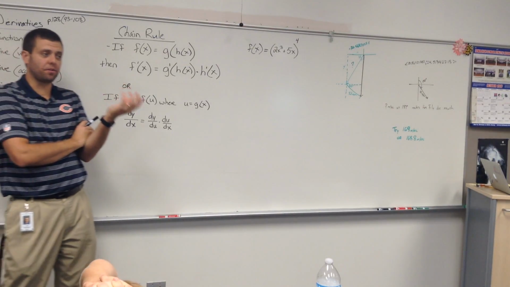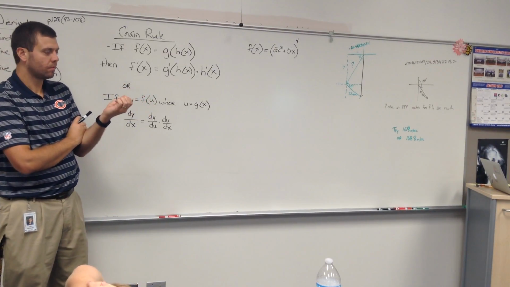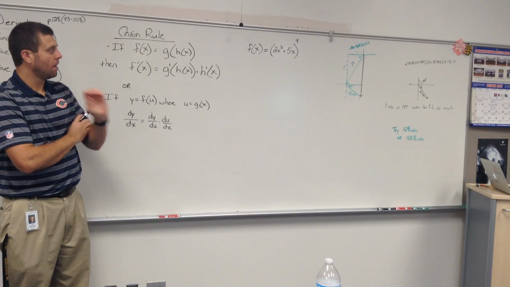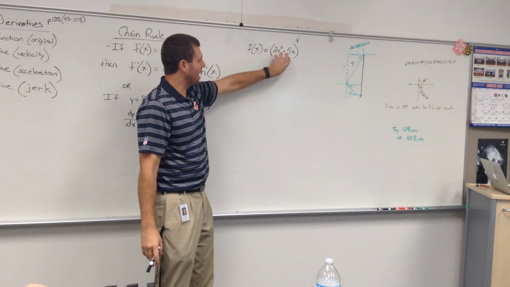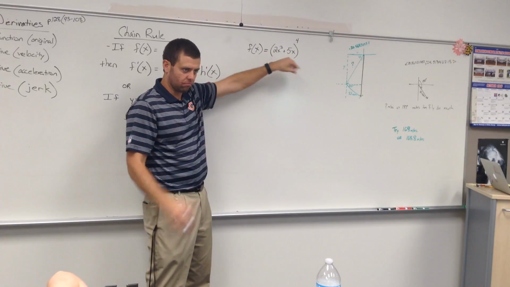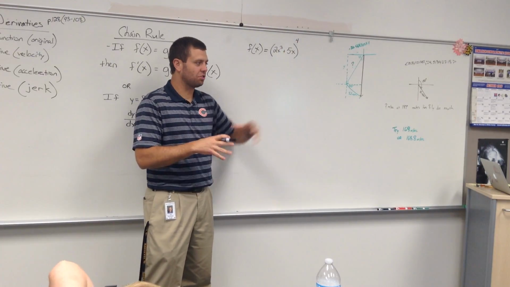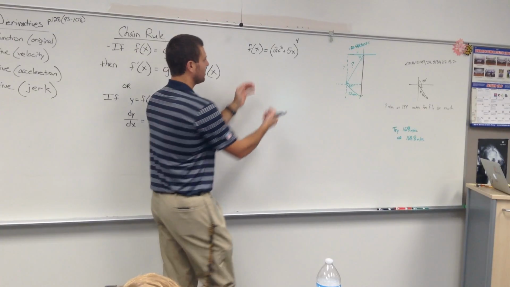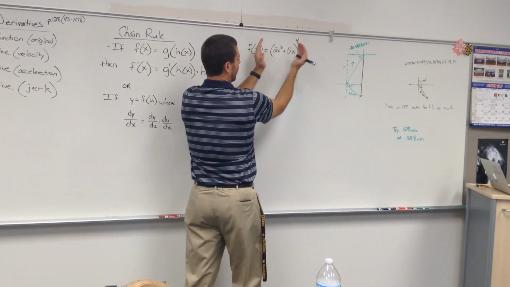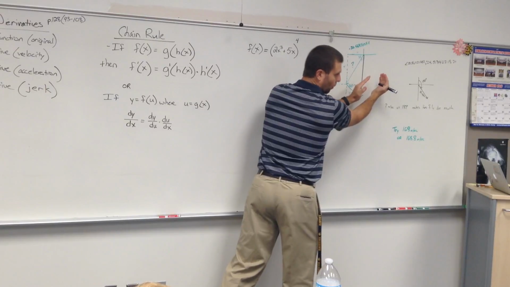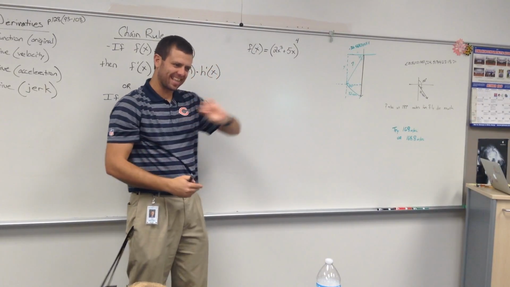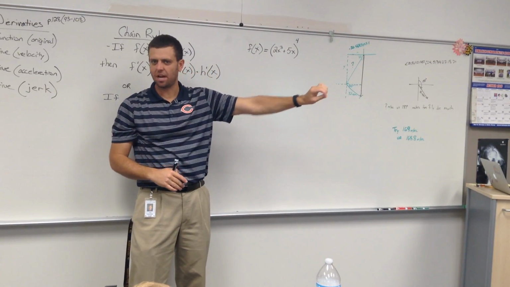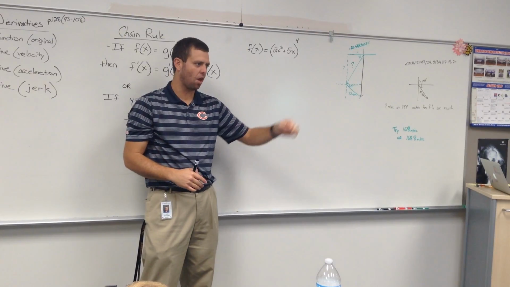And I asked you to find the derivative of that function. Because you have a quantity being raised to a fourth power, if you really wanted to, you could take this times itself 4 times, get that simplified answer, and then just do the simple power rule on all of those terms.